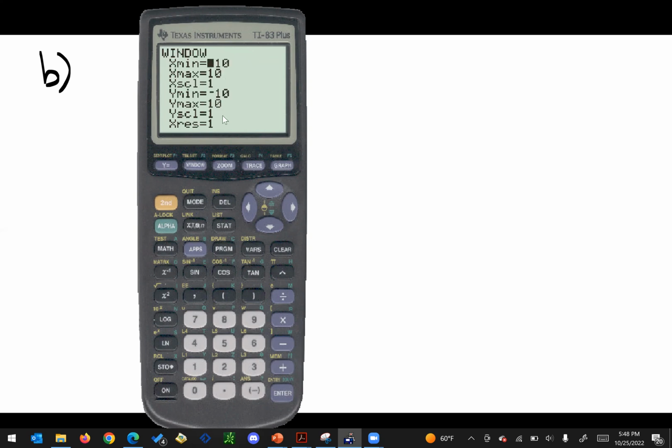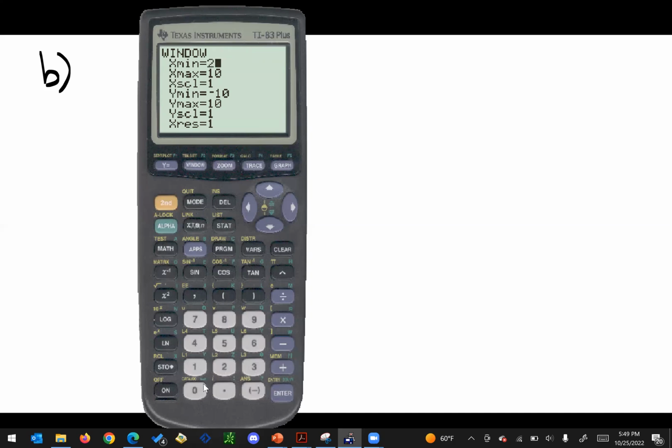The way our window's looking is from -10 to 10. We're not even going to get any of the function inside here. So since we're graphing the inverse function, we want to go from 245.50, and let's leave an extra little room from the 245.50 there.